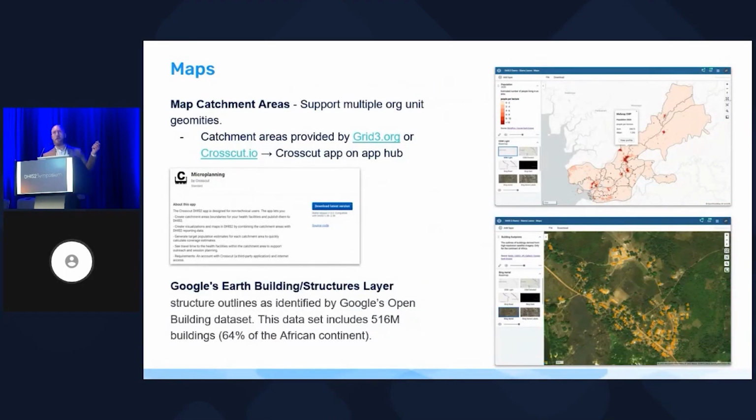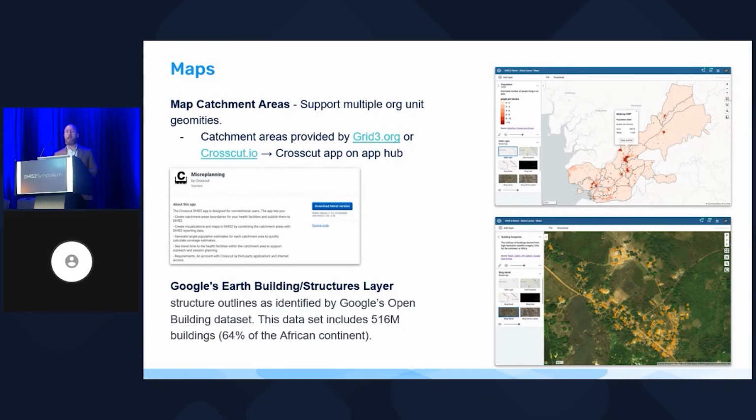Maps, I won't talk too much about this because Lars is going to mention a lot of this tomorrow, but we have some massive improvements with catchment areas for individual health facilities. So everybody's just like, how many people live within the catchment area for this health facility? So we're working with partners like Grid3 and Crosscut to automatically generate those catchment areas.